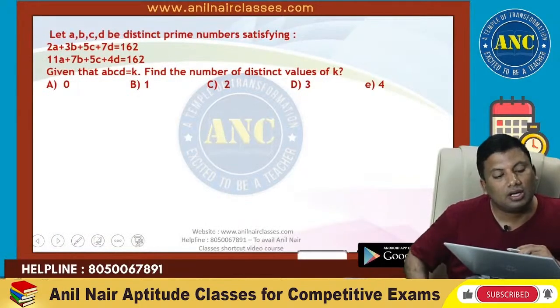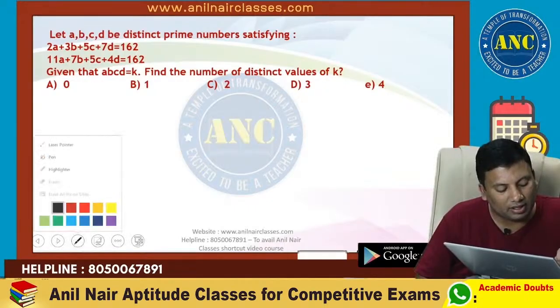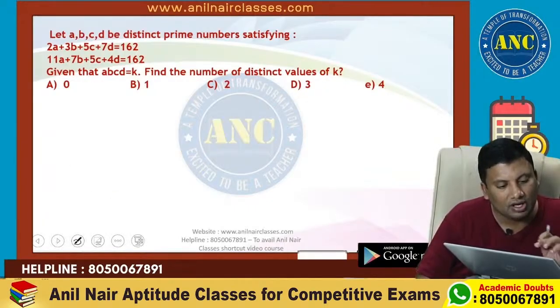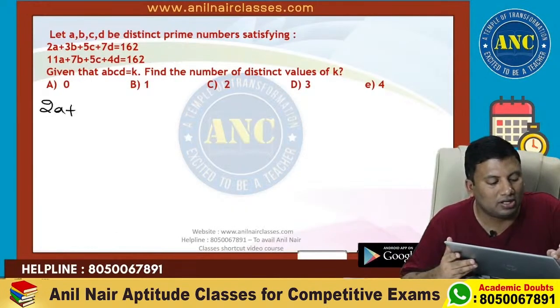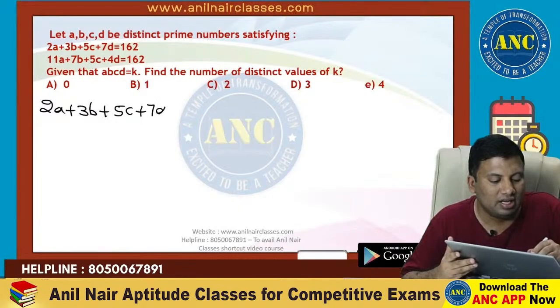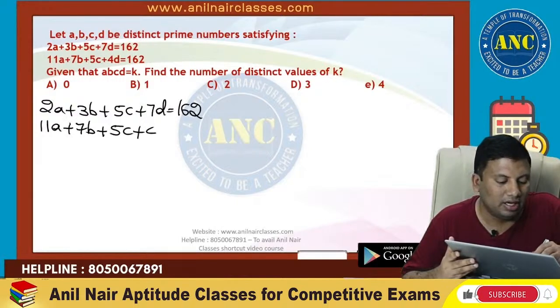Next one. Let A, B, C, D be distinct prime numbers such that 2A plus 3B plus 5C plus 7D is 162, and 11A plus 7B plus 5C plus 4D is also 162.